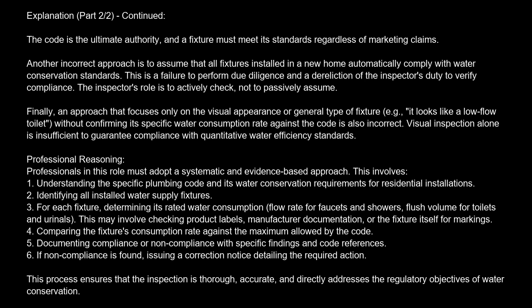Comparing the fixture's consumption rate against the maximum allowed by the code. 5. Documenting compliance or non-compliance with specific findings and code references. 6. If non-compliance is found, issuing a correction notice detailing the required action. This process ensures that the inspection is thorough, accurate, and directly addresses the regulatory objectives of water conservation.